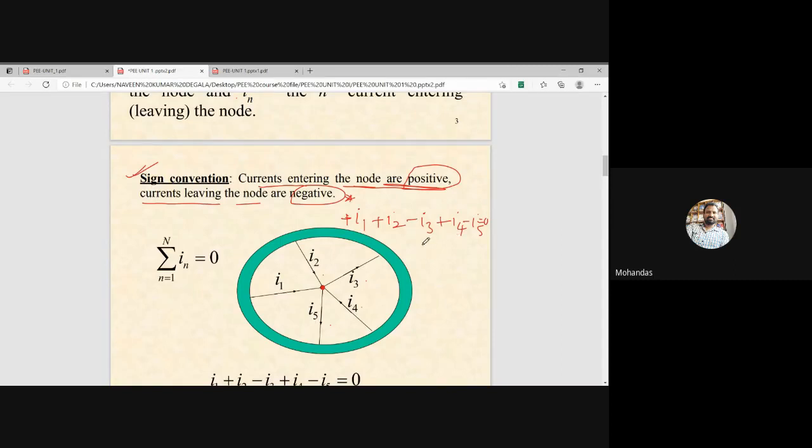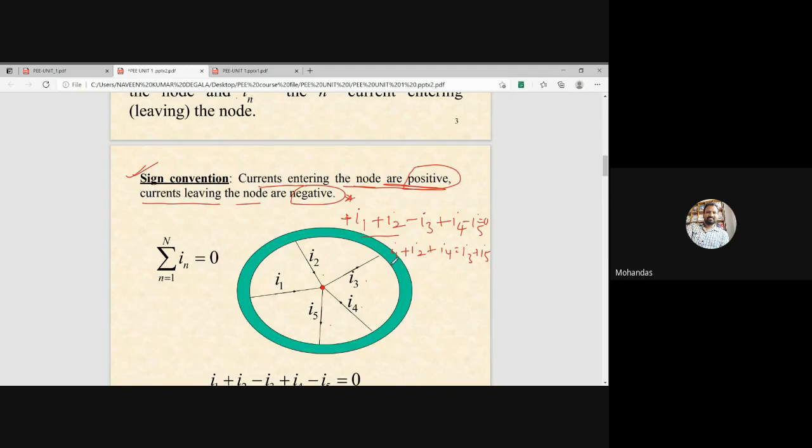So by using this mathematical equation, I1 and I2 are plus, and I4 also plus. I am writing I3 and I5 on the right-hand side. That means I1 plus I2 plus I4 is equal to I3 plus I5.